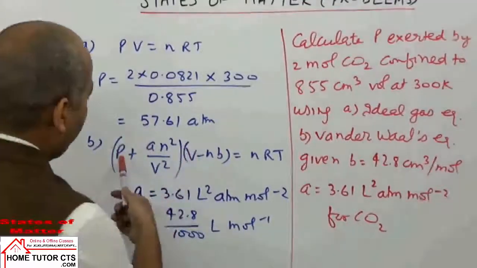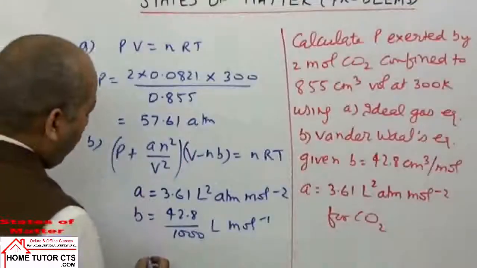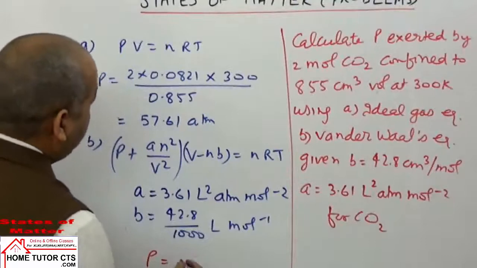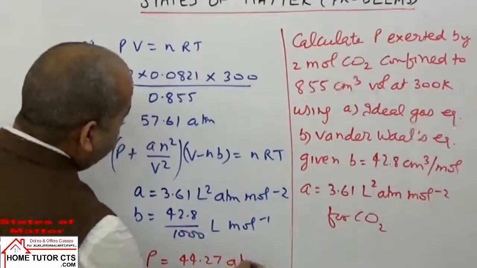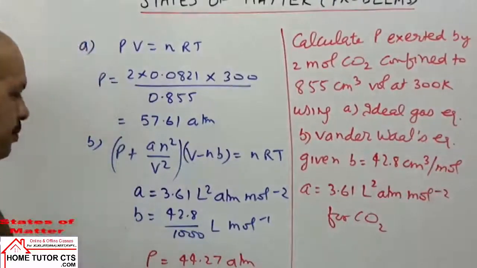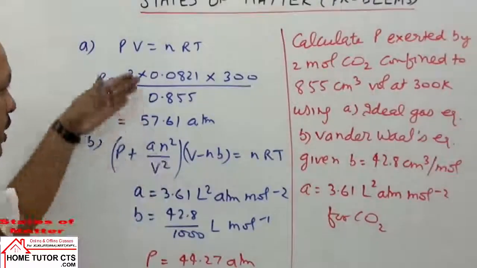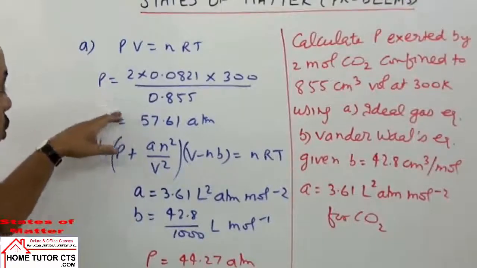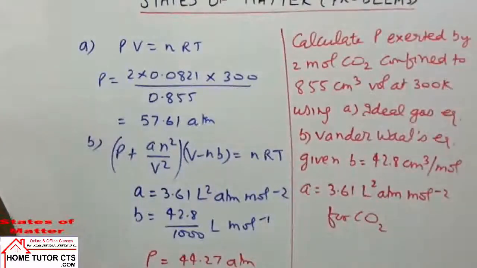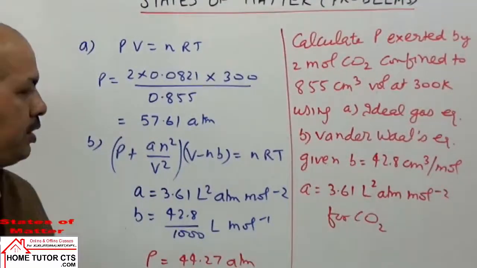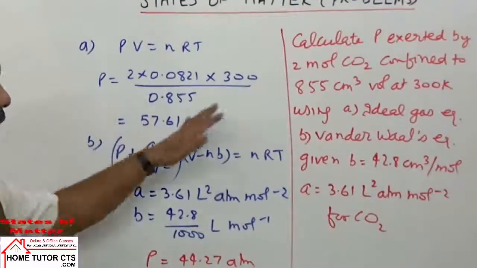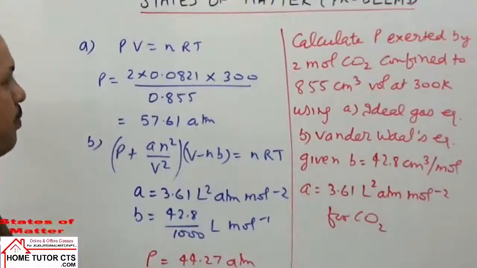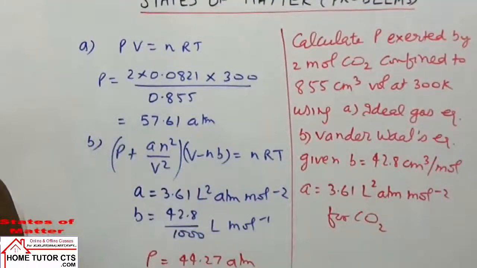We know everything, leaving this only pressure. So on solving, pressure is coming here 44.27 atmosphere as the answer. So you can see the value of pressure are not same. Pressure is found to be lower in this case, indicative of attraction forces in the molecules. Anyway, this is the question taken here. Now let us take next question.